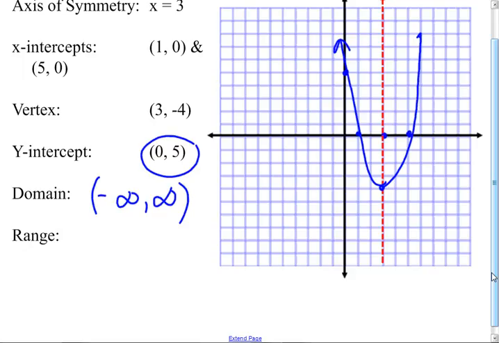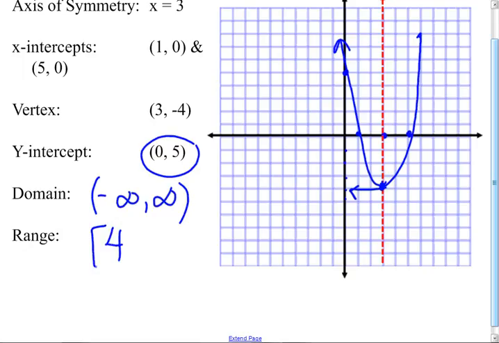Now what about the range? What's the lowest point on the graph? Count. 1, 2, 3, 4. Now, do I get to include the 4? Is 4 on my graph? Yes, it is, because it's right there on the graph. For the vertex to go 3 is down. Yes. Good.